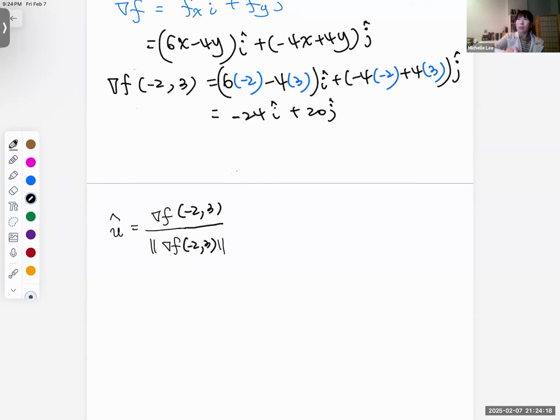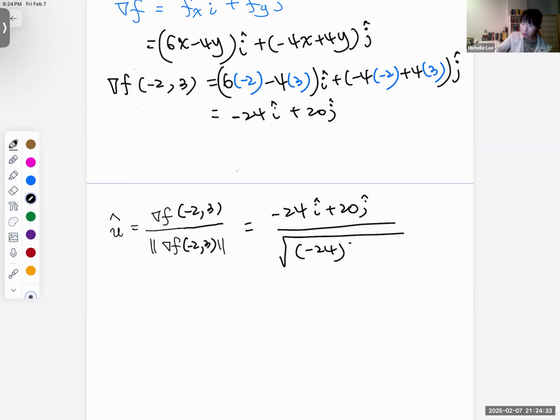That would be negative 24 i hat plus 20 j hat over the magnitude of that, so the square root of negative 24 squared plus 20 squared.